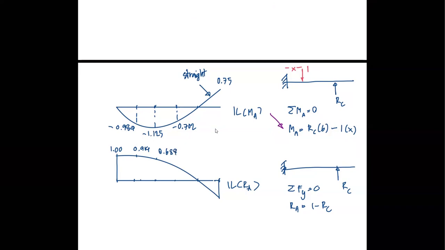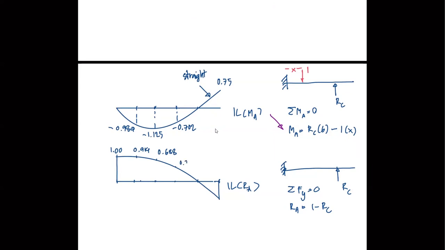Here is 0.367. Here's 0, of course. And then the last value is minus 0.375. And the rest is just, you know, playing the same game.